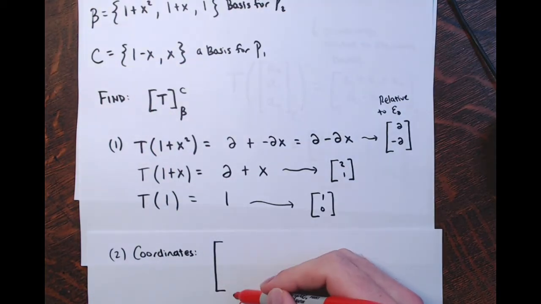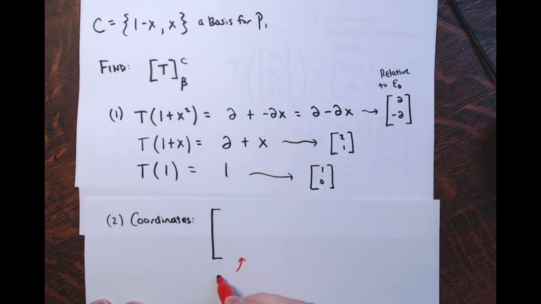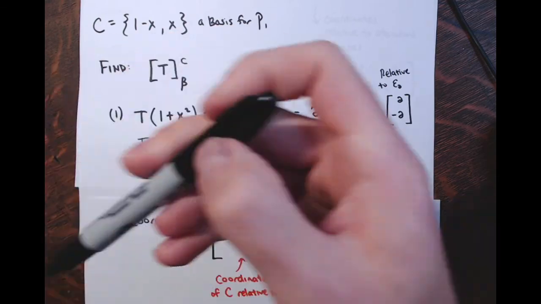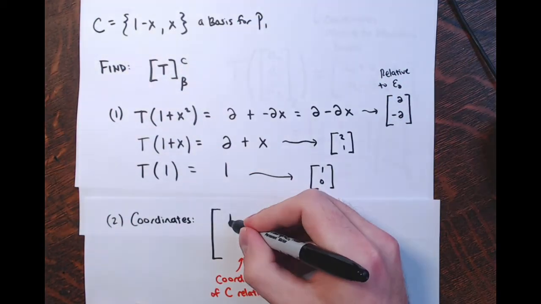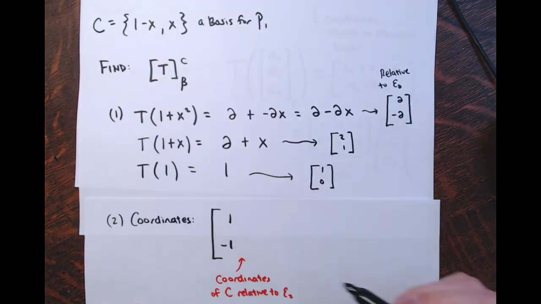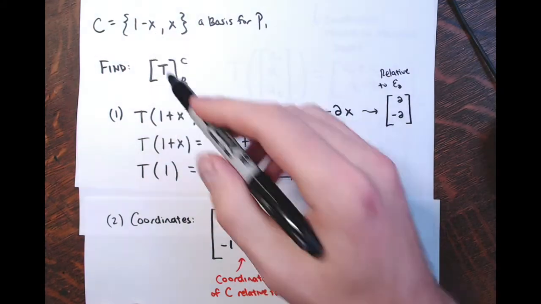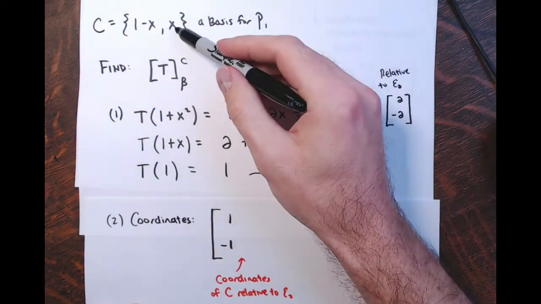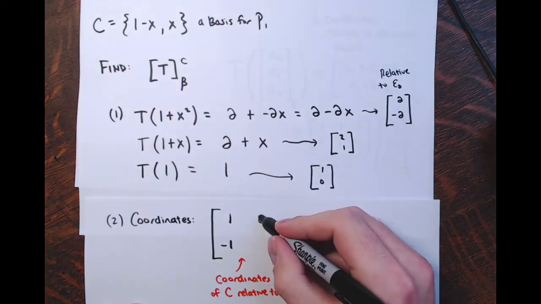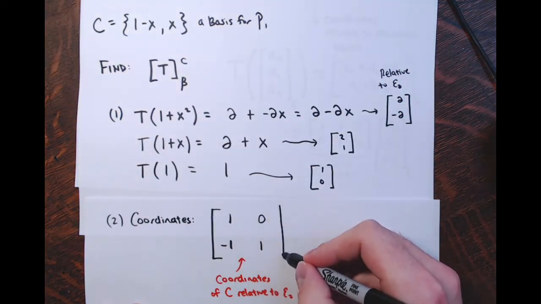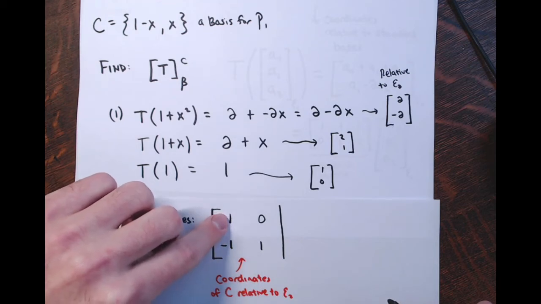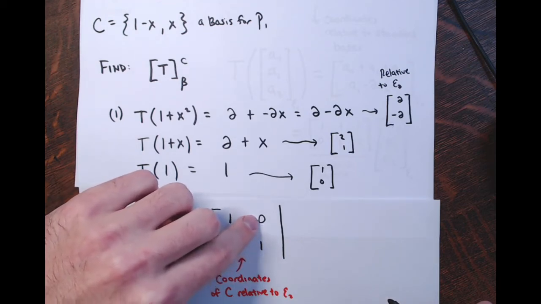I can't put 1 minus x, so what I have to do is put coordinates of C relative to the standard basis. So 1 minus x is 1 times 1, negative 1 times x. Down the first column, that represents 1 minus x. x is 0 times 1 plus 1 times x. So this represents 0 plus x.